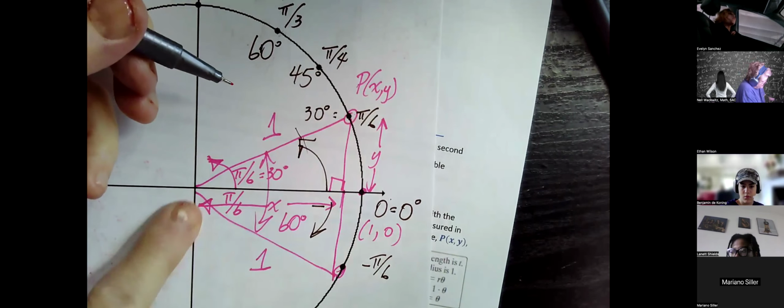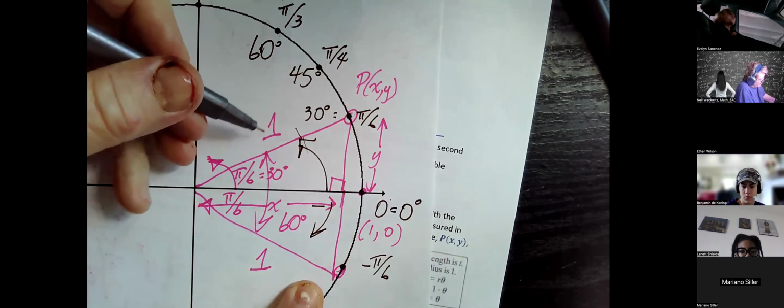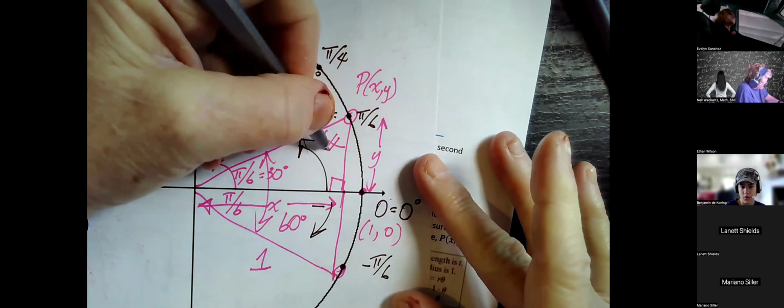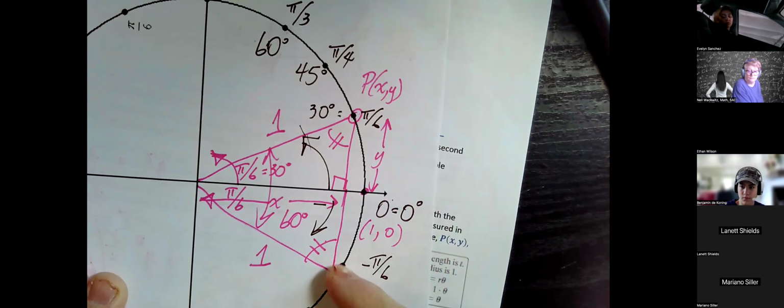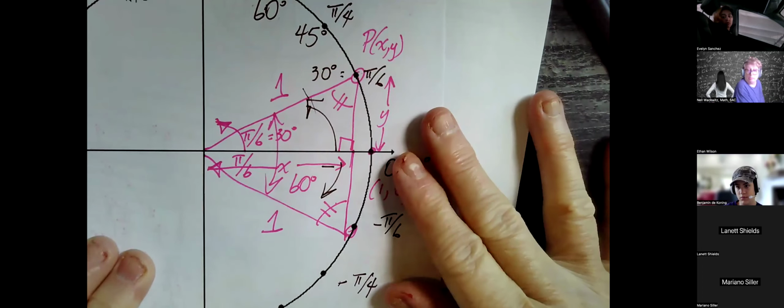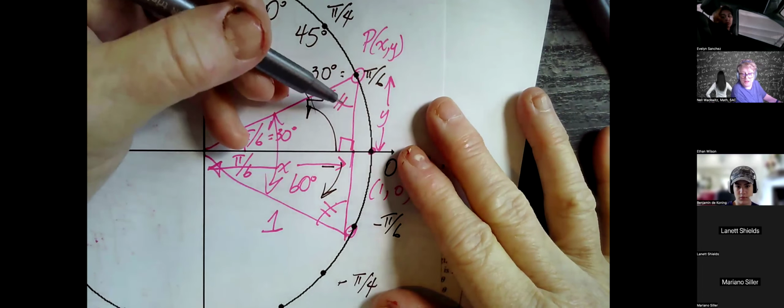So that means we've got these two sides are both 1. That means the two base angles below them have to be the same. Yes? Yes. And okay, so these are the same.